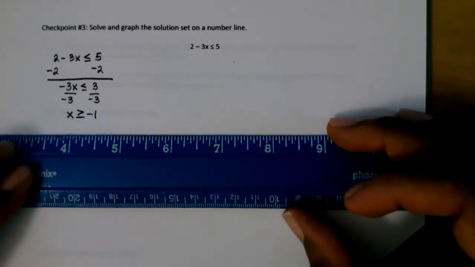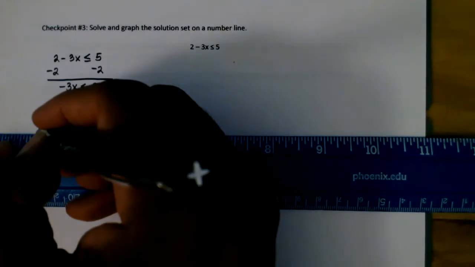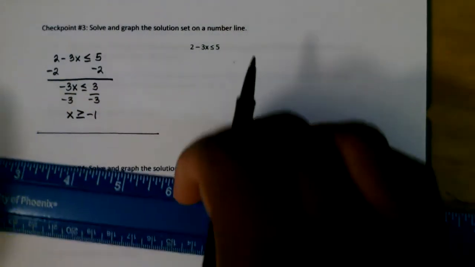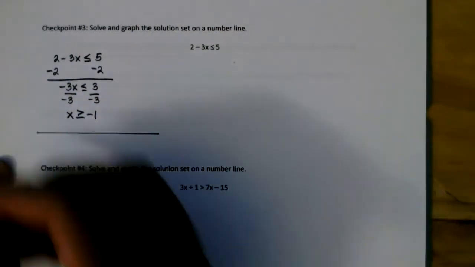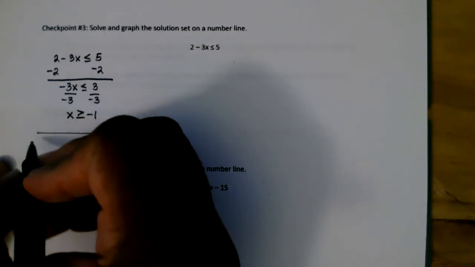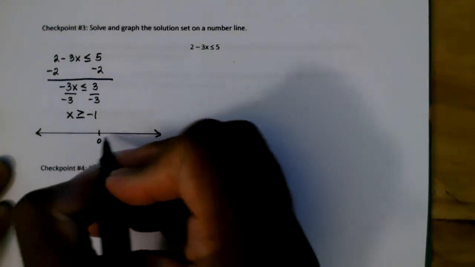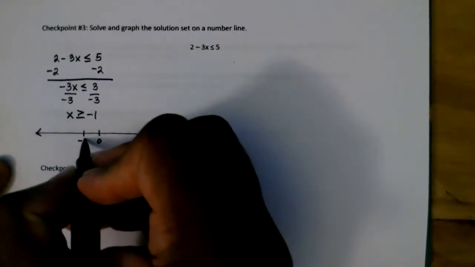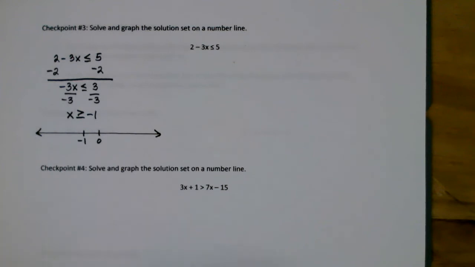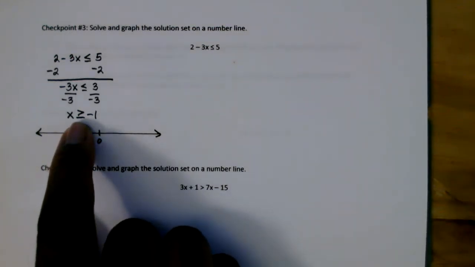Now we need to graph the solution set on a number line. Negative 1 is to the left. Notice the inequality symbol of greater than or equal to.